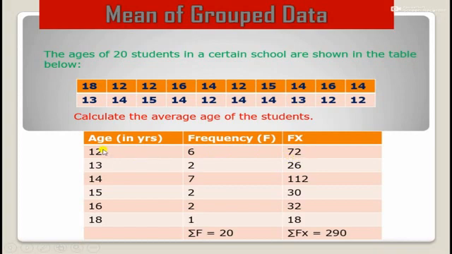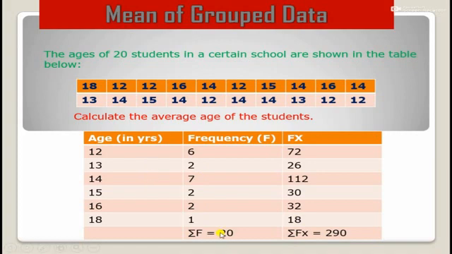So you multiply this, and then write your answer here. 12 times 6, 72. 13 times 2, 26. 14 times 7, 15 times 2, 16 times 2, and so on. Then having done that, you take the summation of f of x. If this is summation of f, then this will now be summation of f of x. And the summation of f of x is 290.